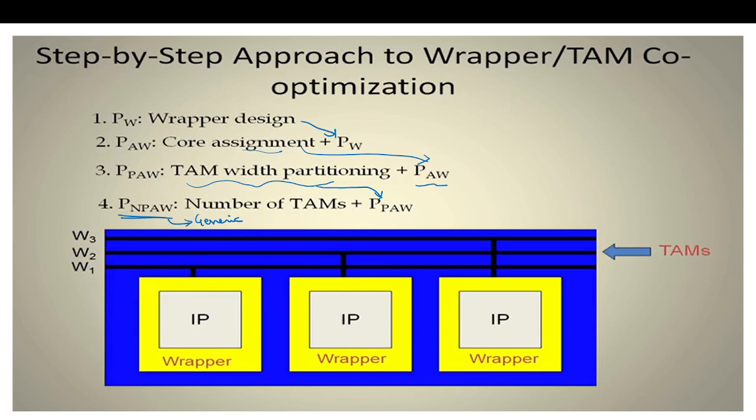Commonly used methods include heuristic based methods, integer linear programming based methods (ILP), or meta search techniques. So in PNPAW, we have to optimize the number of TAMs, the TAM width, the core assignment, and the wrapper design.